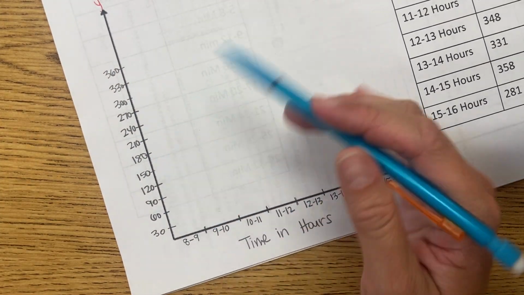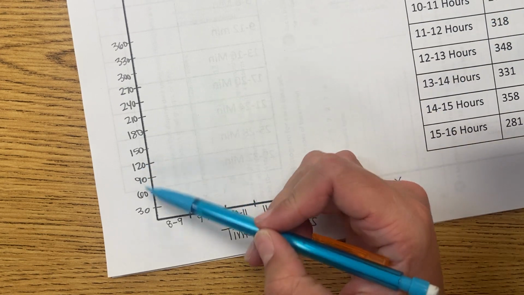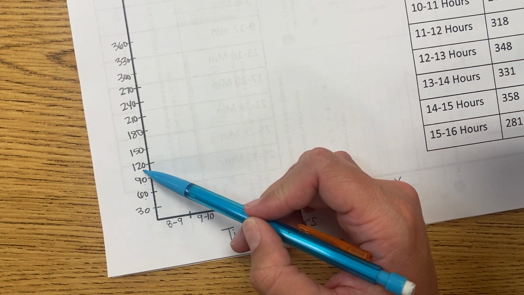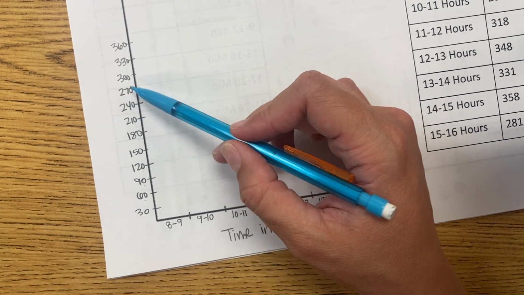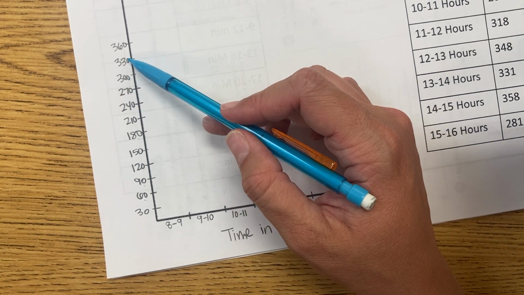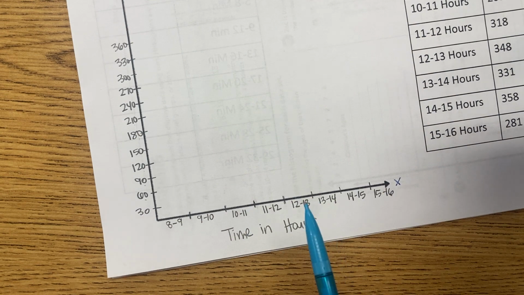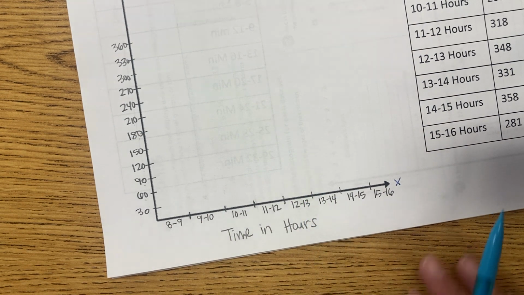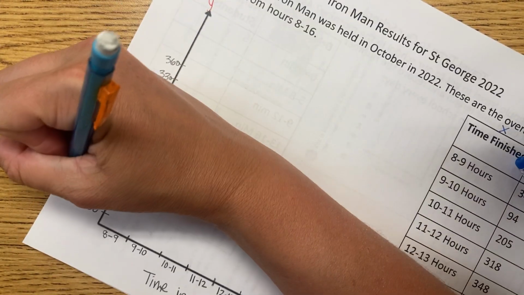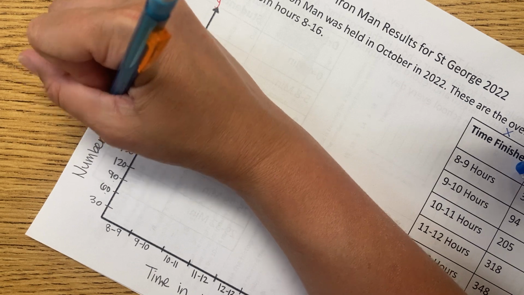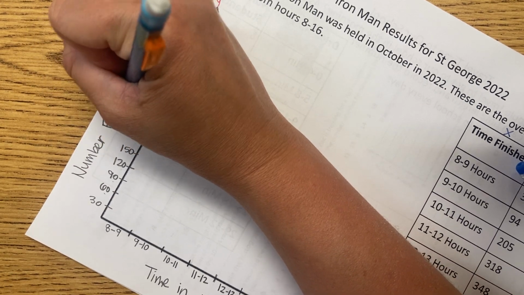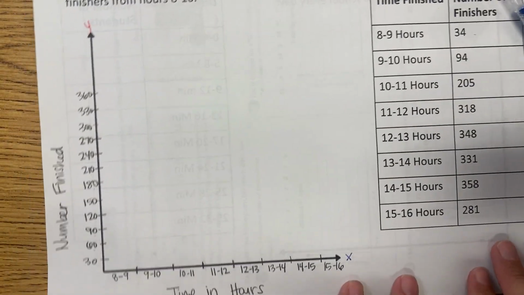Probably could have picked a different scale, but I think this will work just fine. 30, 60, 90, 120, 150, 180, 210, 240, 270, 300, 330, 360. Okay, and this represents number finished. That means they finished in between those hour blocks.